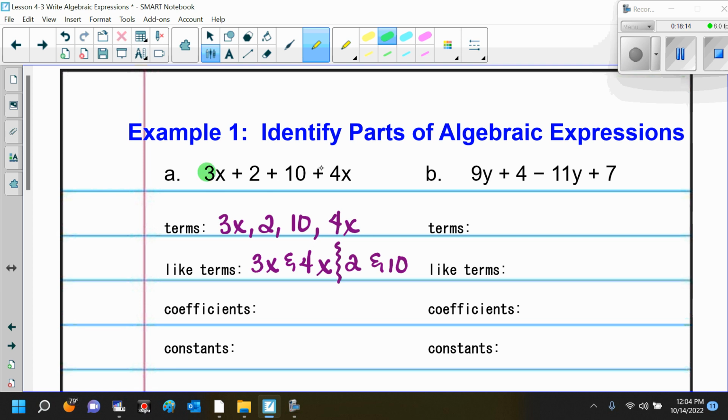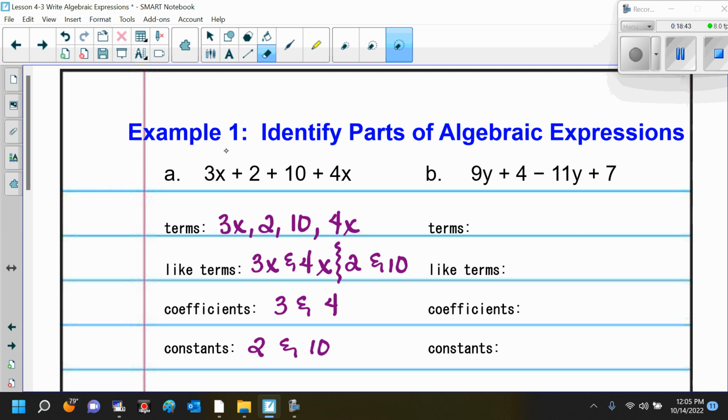So the coefficients are 3 and 4. And the constants, which are just the numbers, are 2 and 10. Is everybody clear?